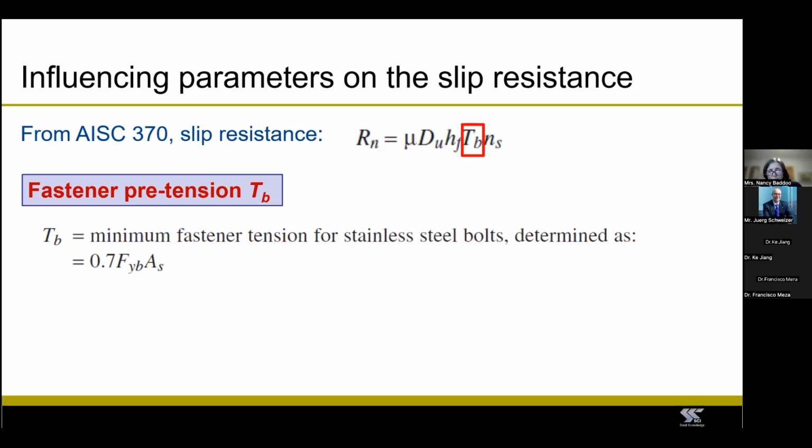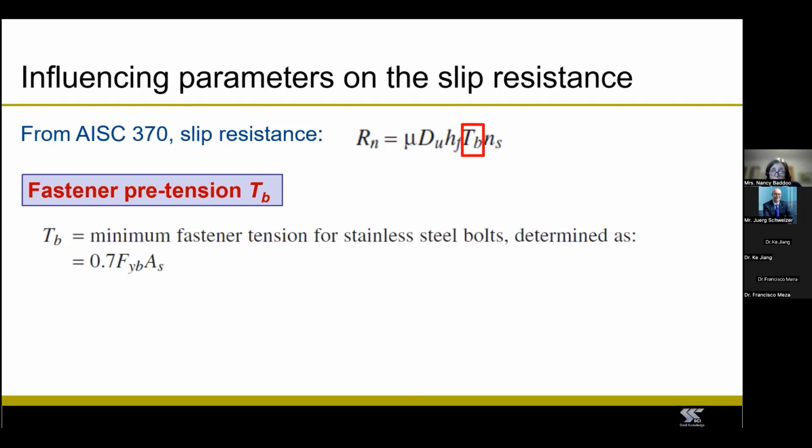You certainly could for the smaller bolts and if you had the hardened washers, but for the guidance that's currently given, we felt it was more appropriate to give the rather conservative guidance of the fastener pretension being limited to 70% of the yield strength of the bolt.